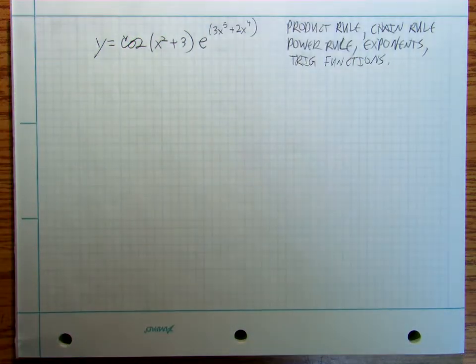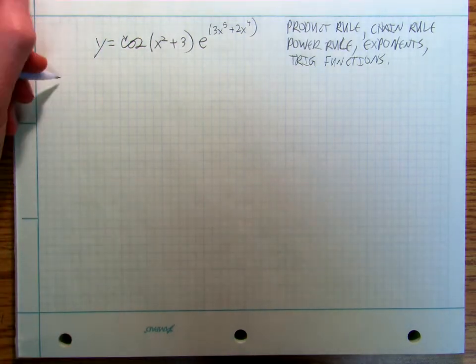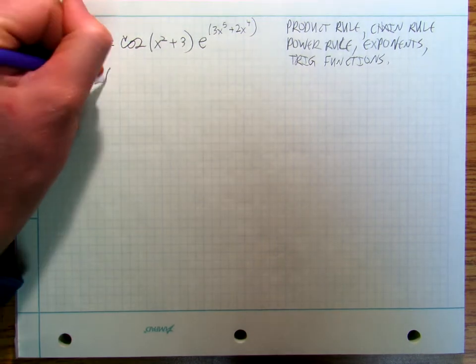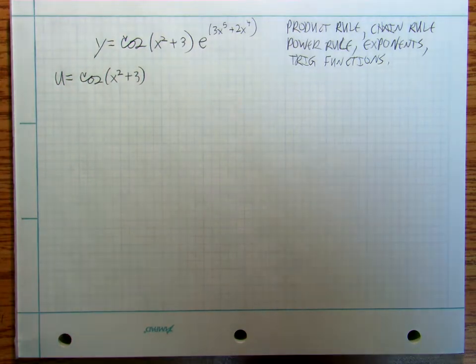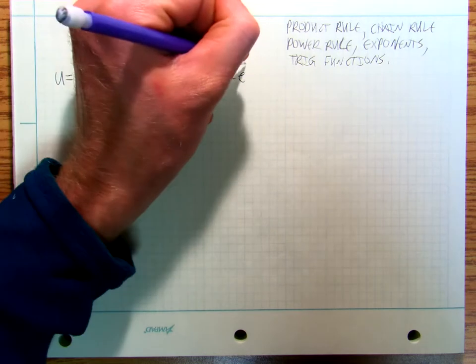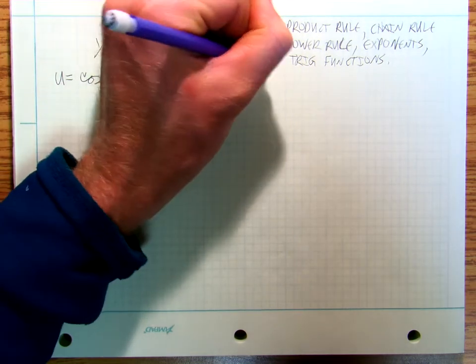But we just got to break it down into little pieces. Okay? So what I'm going to do is I'm going to say u is equal to cosine of x squared plus 3. And I'm going to say v is equal to e to the 3x to the 5th plus 2x to the 4th.